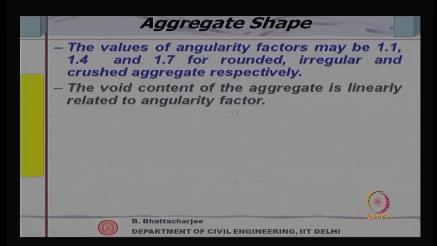The main important issue is the void content of aggregate is linearly related to angularity factor.